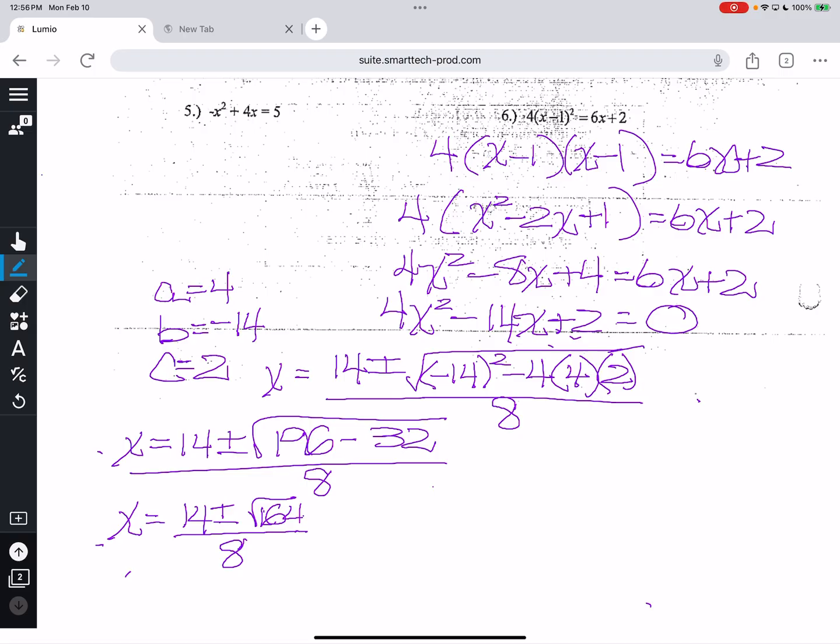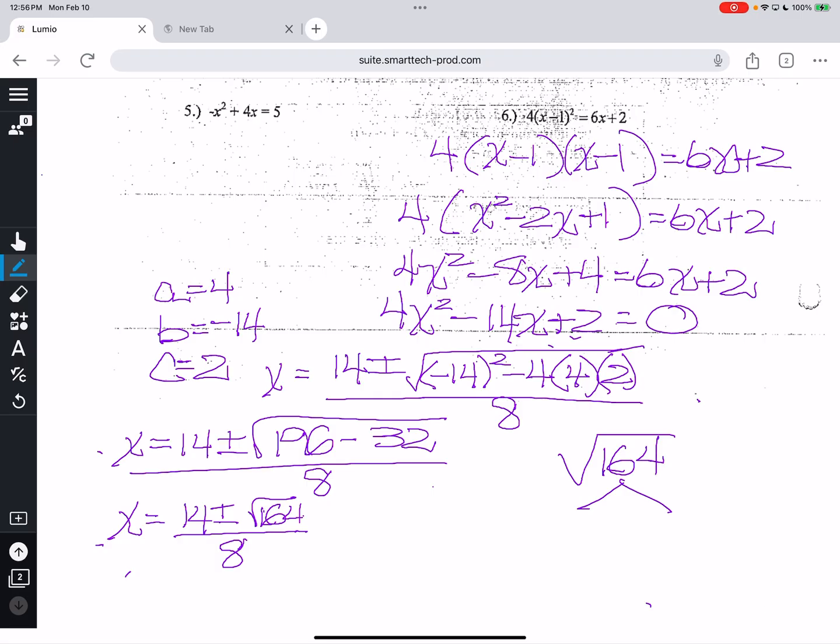Who's broken down 164? 4 times 41. I did 4 times 4, because y'all, 64. Using your divisibility rules, 4 will go into 164. How'd you get 2 for your c?